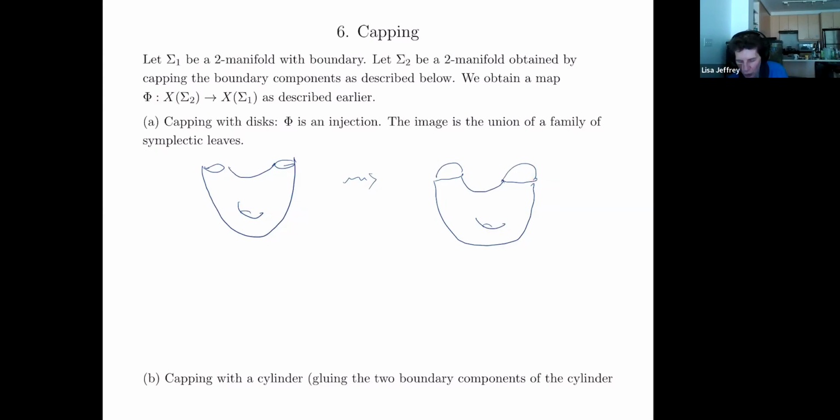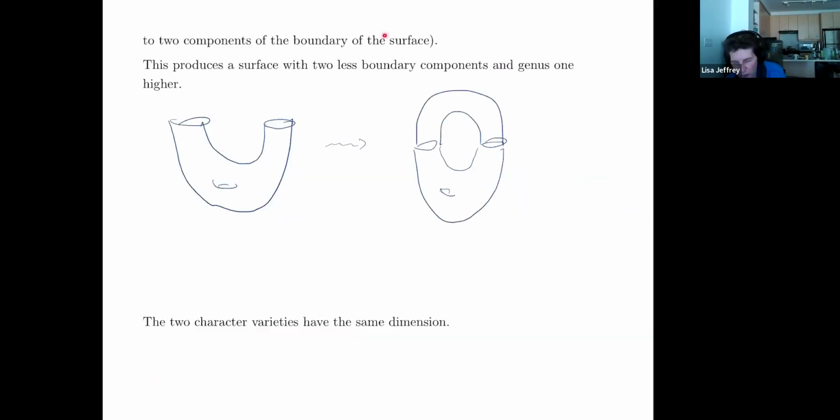We could also cap this surface with a cylinder, gluing the two boundary components of the cylinder to two boundary components of the surface, like so. This produces a surface with two fewer boundary components, and the genus is greater by 1. These two character varieties have the same dimension.